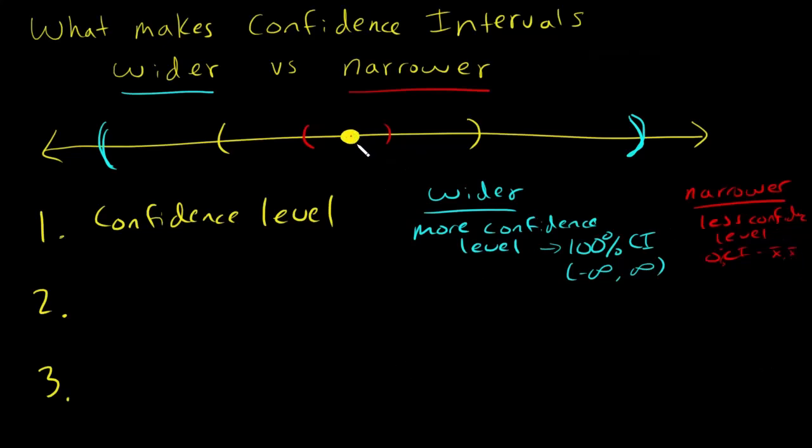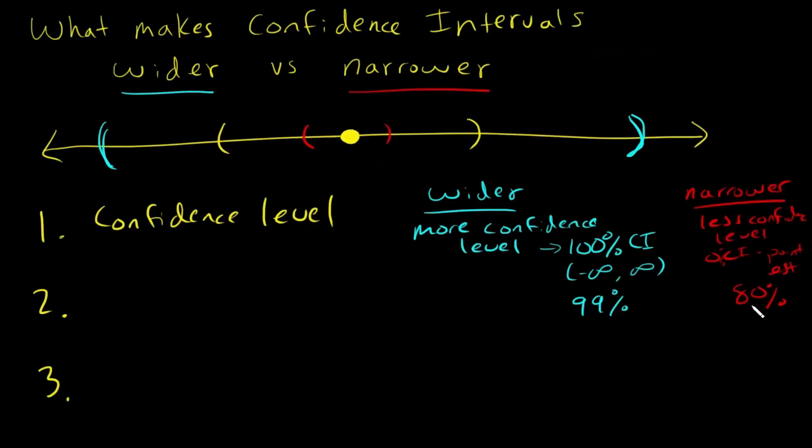Okay, basically, instead of writing sample mean, let me write point estimate. I'm 0% confident that the population parameter that I'm looking for is exactly equal to my point estimate. Okay, so an 80% confidence interval will be narrower than a 99% confidence interval.